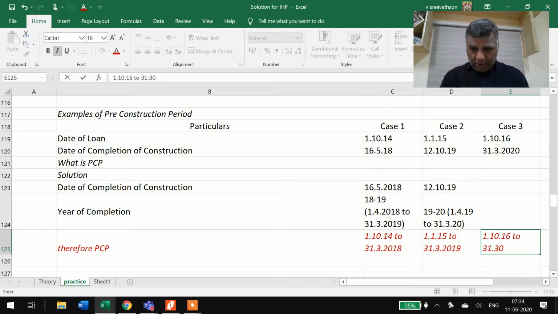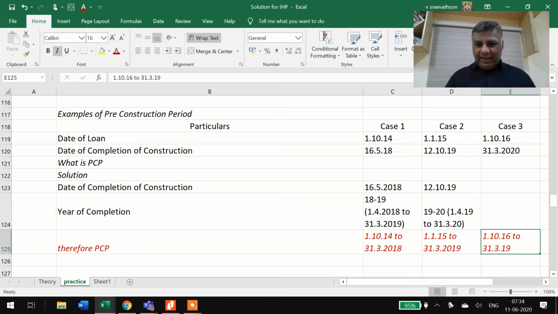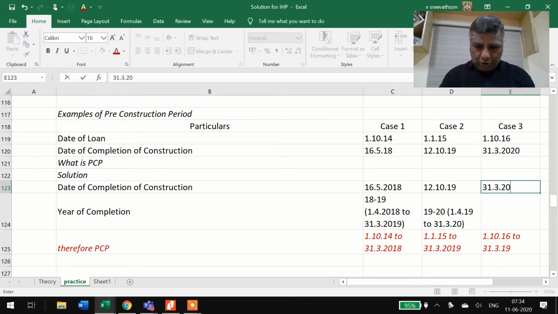Is there somebody with a different answer? So up till 31st March 2019. Exactly, because it is 31/3/20.